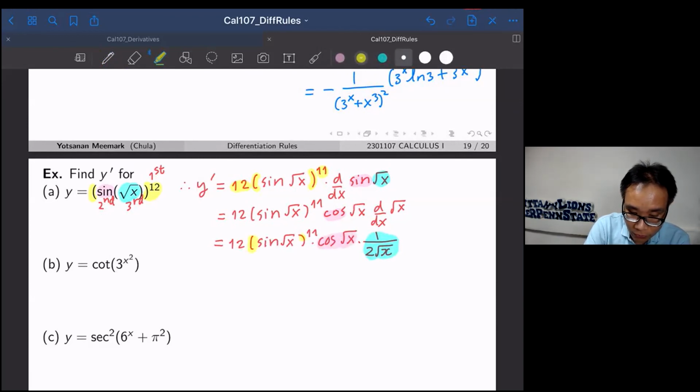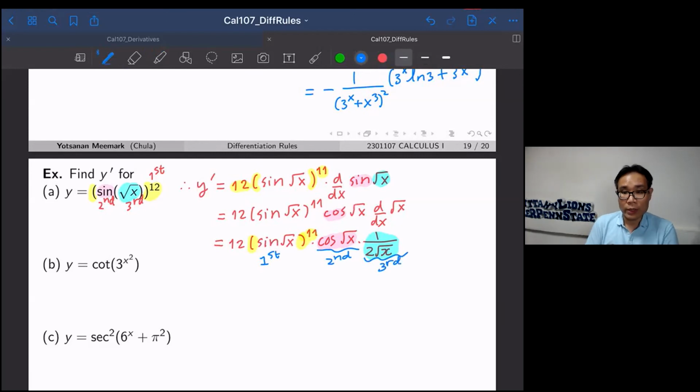So it's going to be taken care of separately. Let me write this one as the first, this is the second, and this one gives you the third inside. So we take care of them step by step.